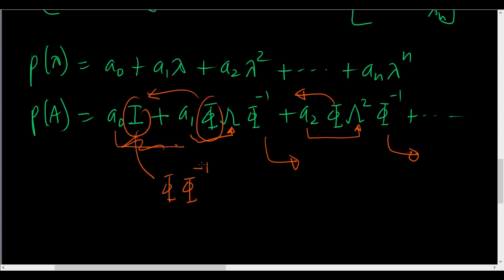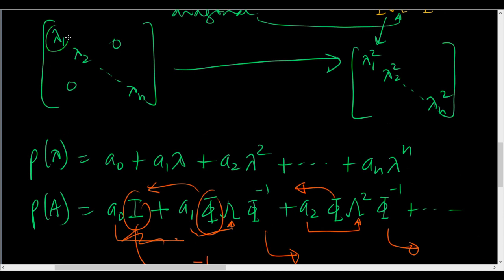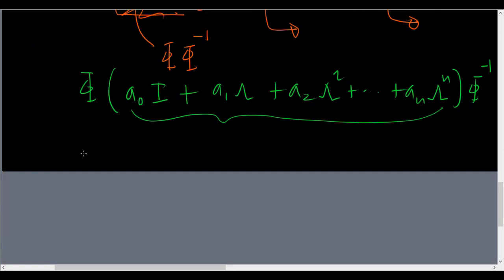There is no problem. And as a result, what we get is phi times a0 I plus a1 lambda plus a2 lambda square plus dot dot dot plus an lambda n, times phi inverse. And now these are all diagonals, you see, and so each diagonal element becomes p of lambda 1, p of lambda 2, p of lambda n, with zeros elsewhere, times phi inverse.